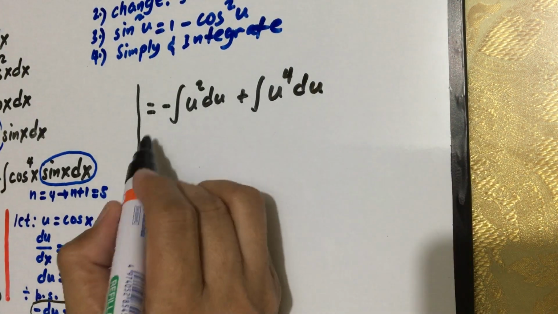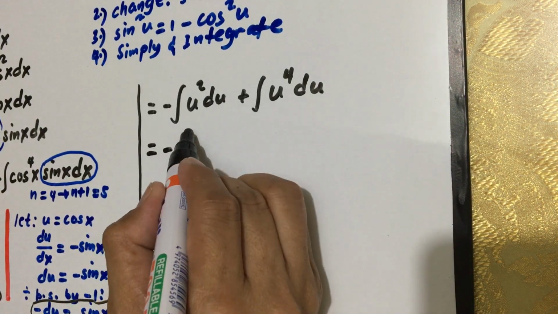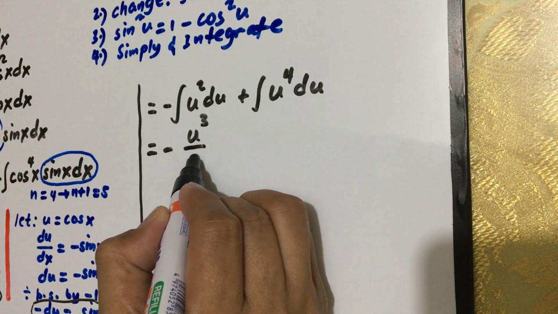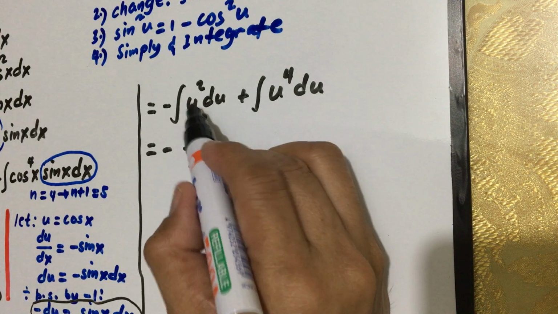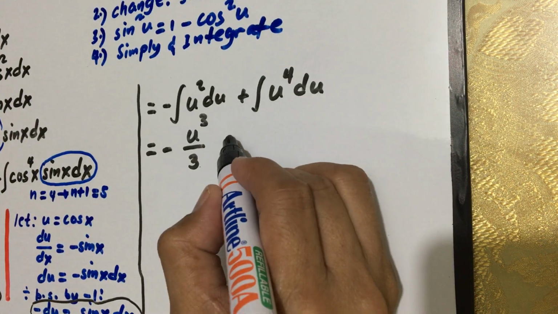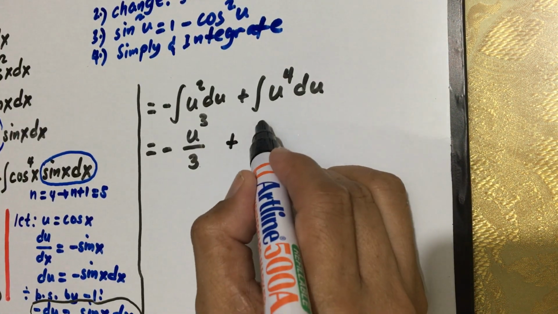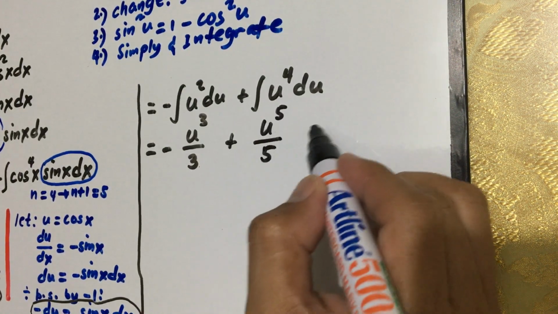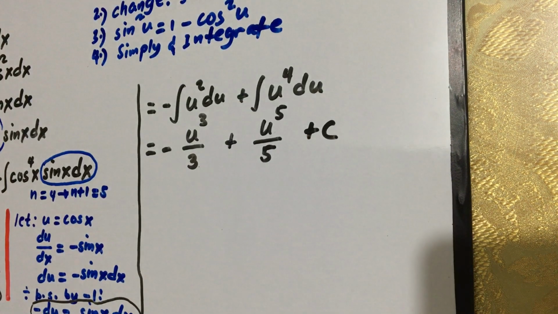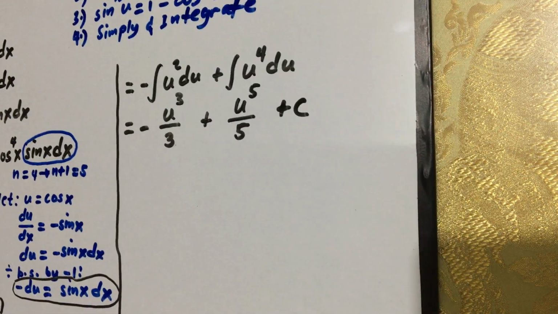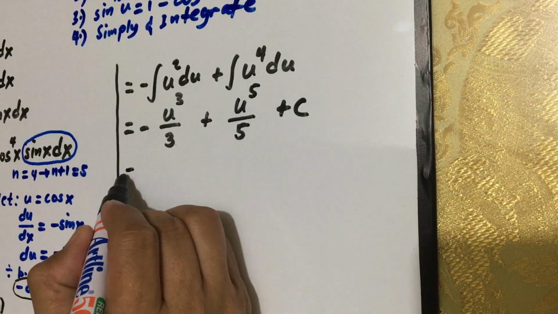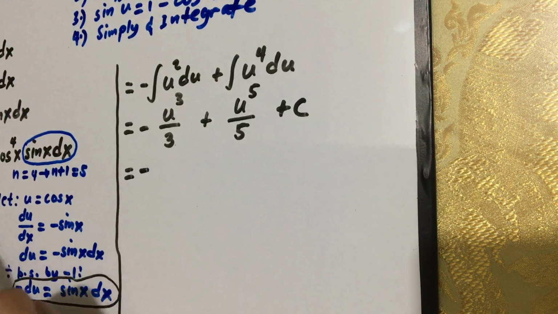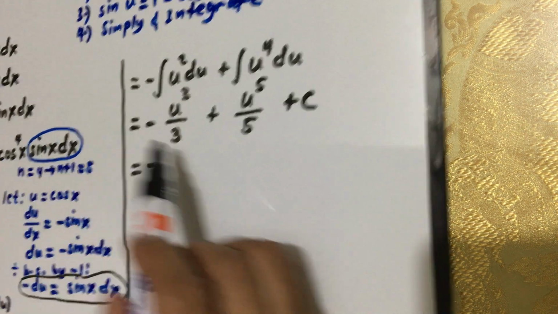Then applying the formula, we have minus u cubed over 3, because that is n plus 1, right? 2 plus 1 is 3. Then we have plus u to the 5th power divided by 5, then plus c. Then substituting, our u is equal to cosine x, right?